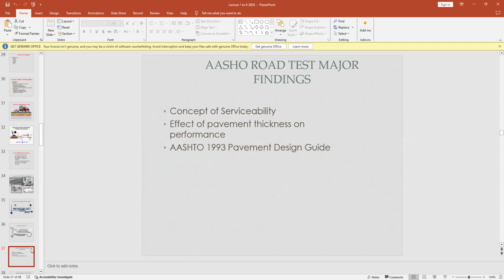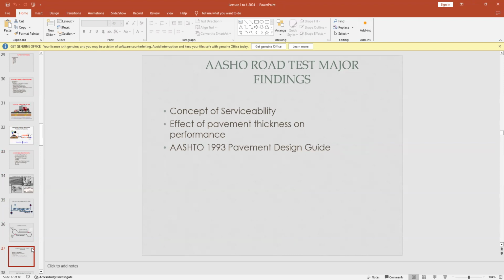What was the finding of the H2 test? The concept of serviceability, and how the thickness of the pavement affects the pavement performance. As a result, they produced the H2 1993 pavement design guide, and it is still being used even in 2024.